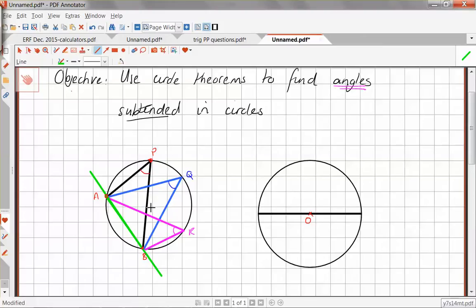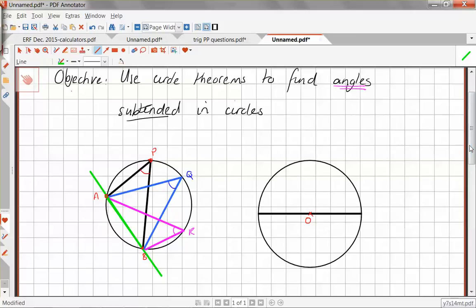And the rule is, any angle in the same sector is always equal if I go from the same two starting points. Make sense? So I know the angles P, Q, R are always going to be the same.